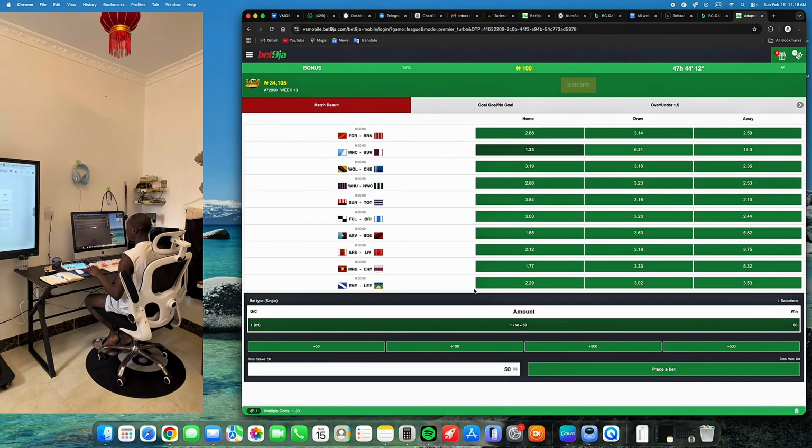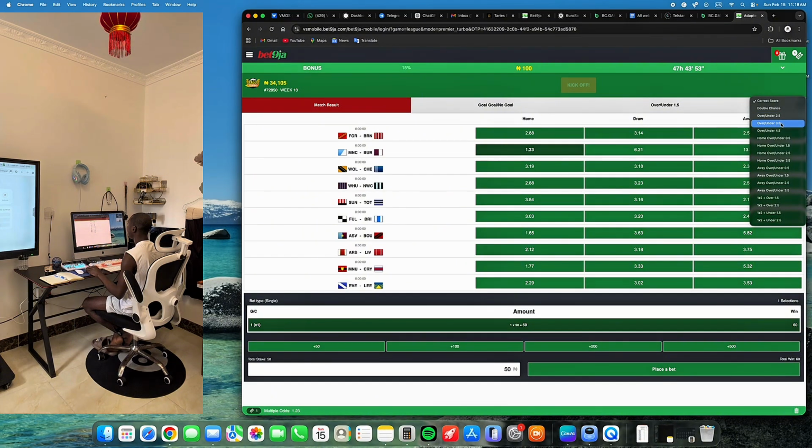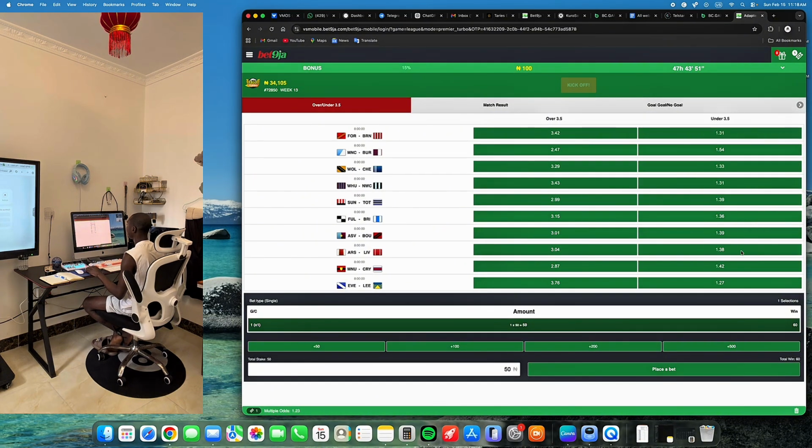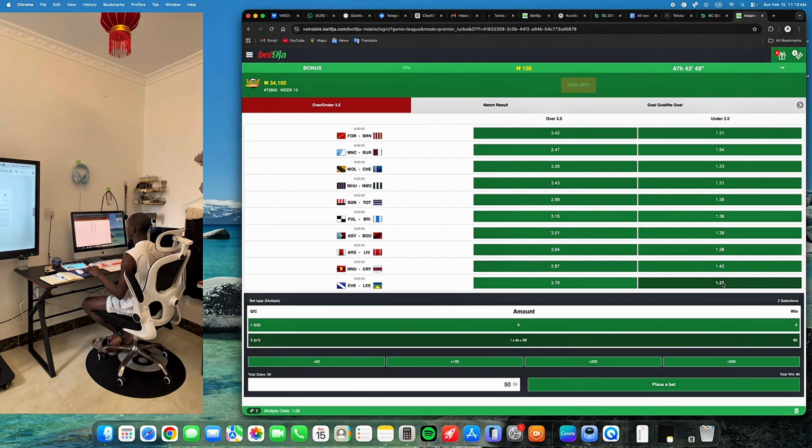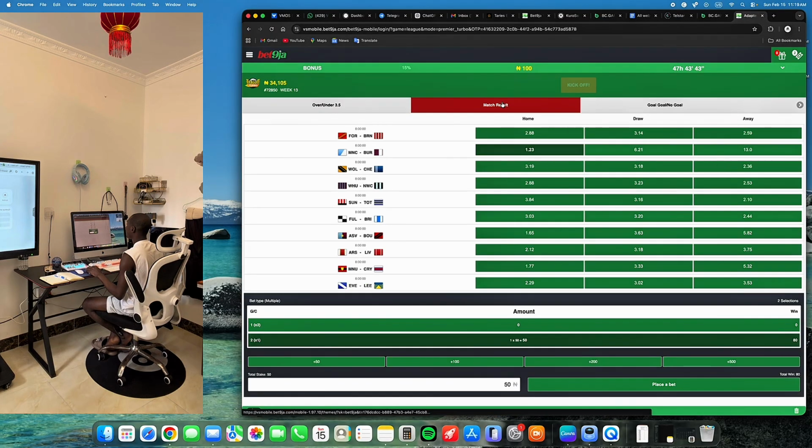Then we have Everton and Leeds, two teams at the bottom again. Sunderland and Tottenham. Now they are going to give us a bonus this time, so regardless, let's see. These teams, we are going to give under 3.5 to this one. Then Sunderland and Tottenham.